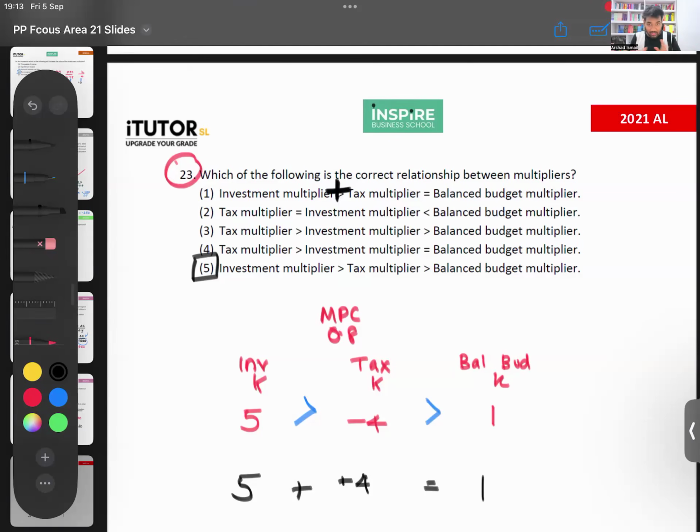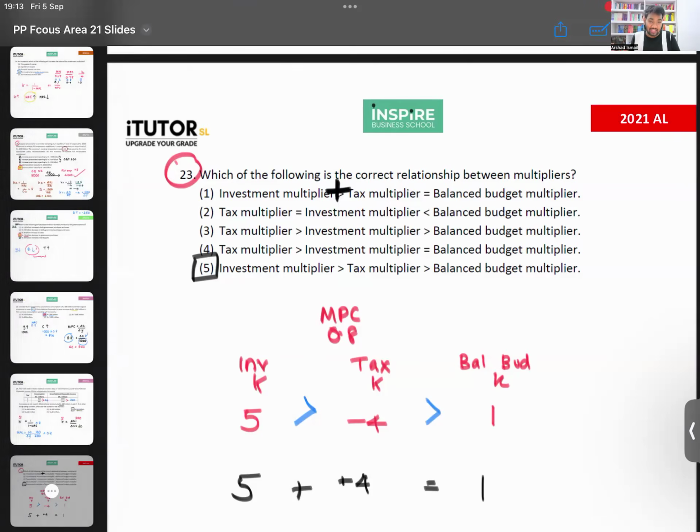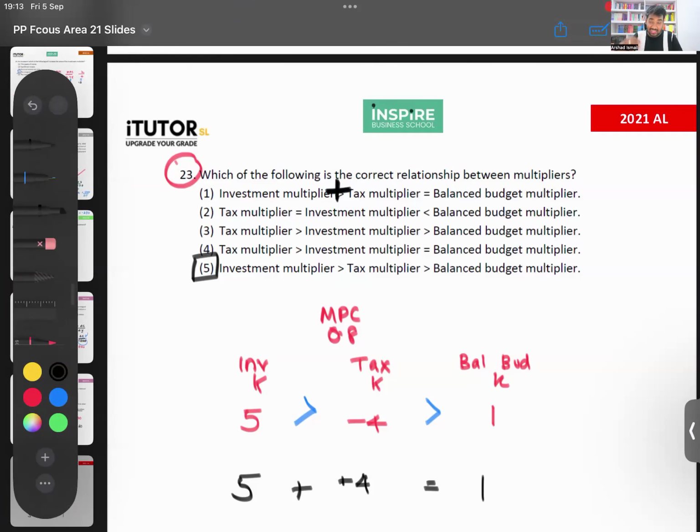So here now you will ignore the positive negative when interpreting. It doesn't matter whether the tax multiplier is +4 or -4, that's not the thing. It's how much of an effect it has. So investment has a 5 times effect, tax has a 4 times effect, balance budget has only 1 time. So that's why it goes like that. Okay. So answer number 5.